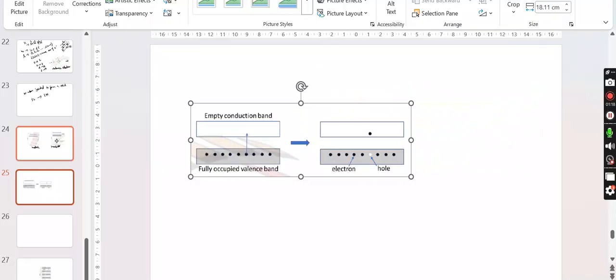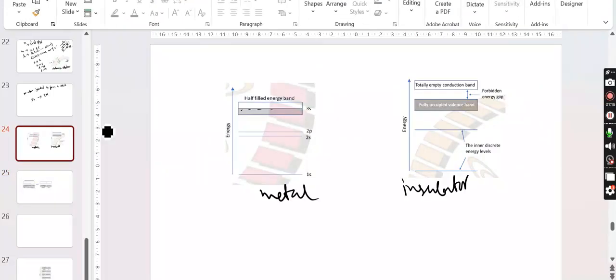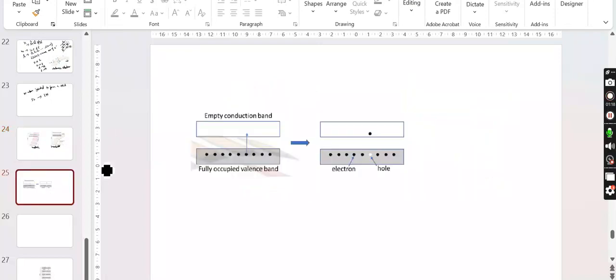For a semiconductor, the distance between the fully occupied valence band and the conduction band is very small. The material behaves like an insulator at low temperature, and this gap is almost 1 electron volt.